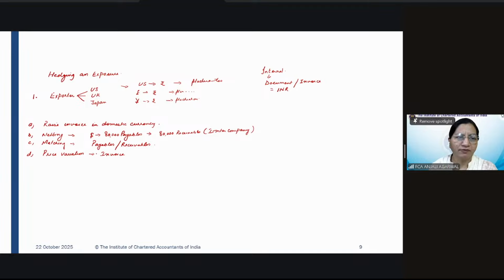So these are some of the ways: you can go for netting, matching, asset liability matching, etc. These are different ways in which you can internally ensure that you have protected yourself from your exposure. Asset liability matching would also be ensuring that the cash flows are such that inflows and outflows are matched so that the exposure is reduced or brought down to nil.